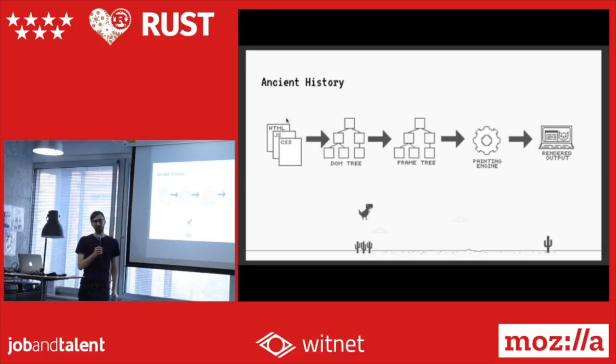In WebKit, this is called the layout tree. It's got a lot of different names. That process of combining the CSS and the HTML is called reflow in Gecko, and in WebKit, that's called layout. So I might interchange those terms since I've worked a little bit on WebKit and on Gecko. So sorry about that. So essentially what happens once you have that tree is that you have all the information that you need to paint the web page.